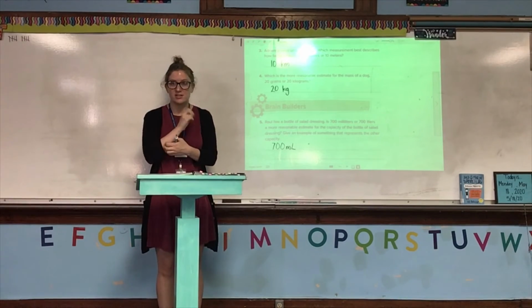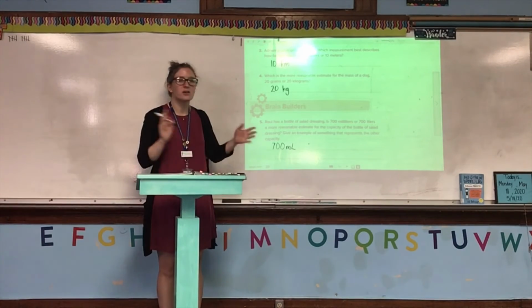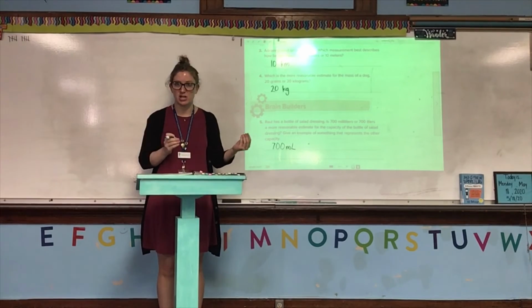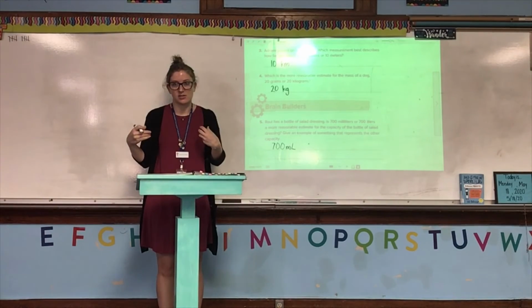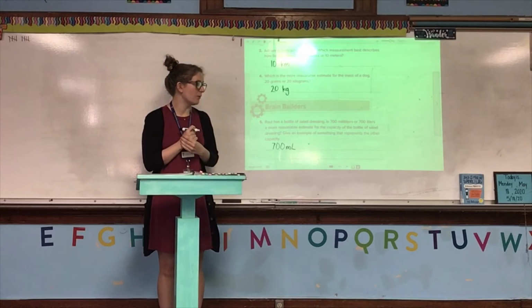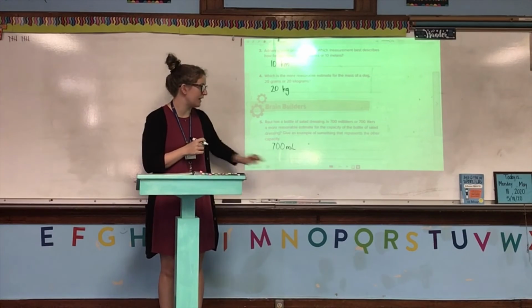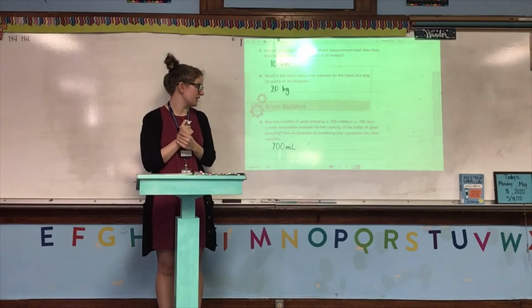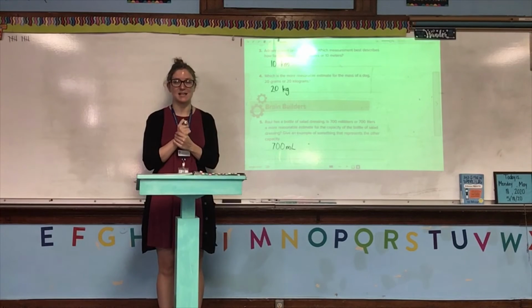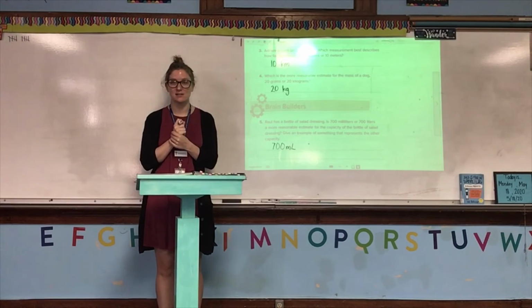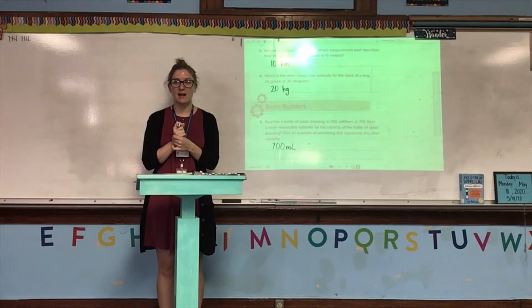But I won't count off just because you have red, because I'm going to know, okay, they're using their red pen to answer this question that I'm asking them to answer that wasn't in their book. So right now, what I want you to do is on the second line, give an example of something that represents the other capacity. So 700 liters. Pause this video, do that right now, and then I will tell you an answer that works.